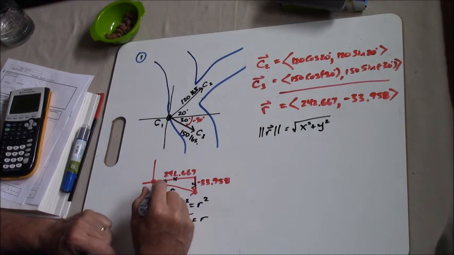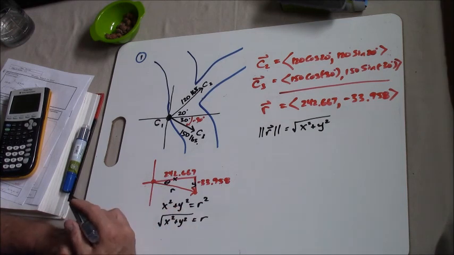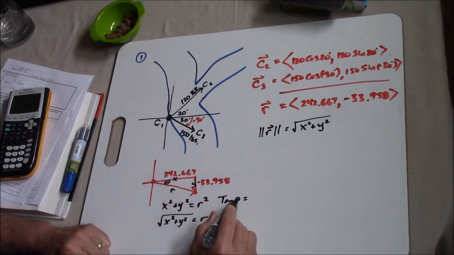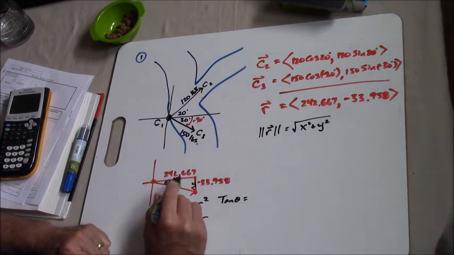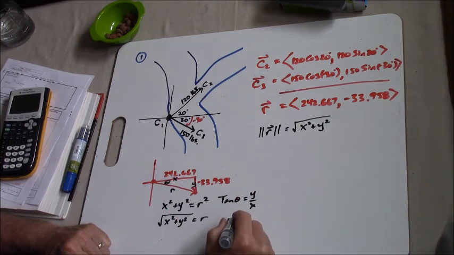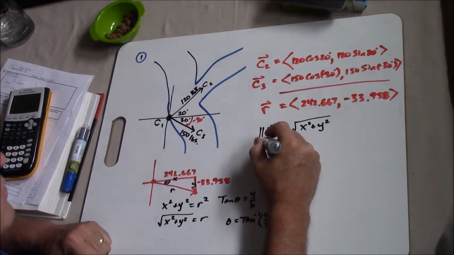And then I want to figure out what this angle right here is. To get that angle, the tangent of theta equals opposite over adjacent, so that's y over x. So theta is going to equal the inverse tangent of y over x.